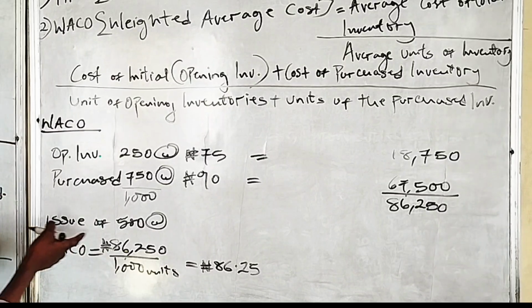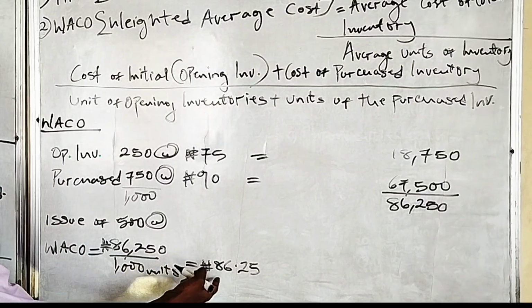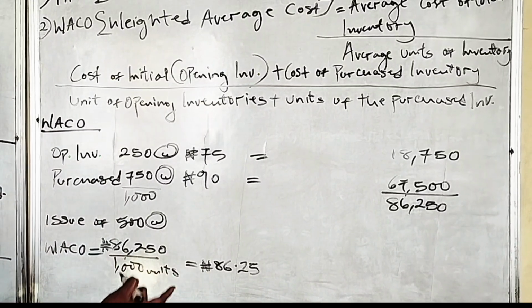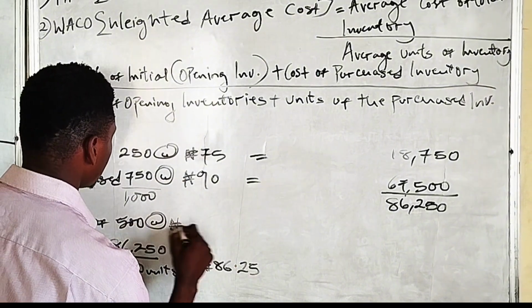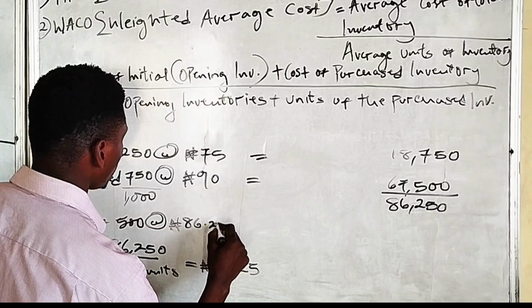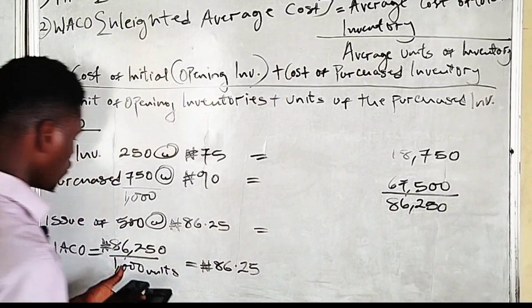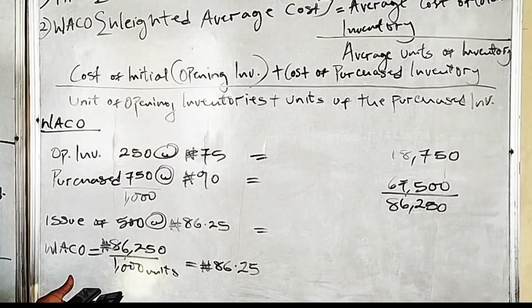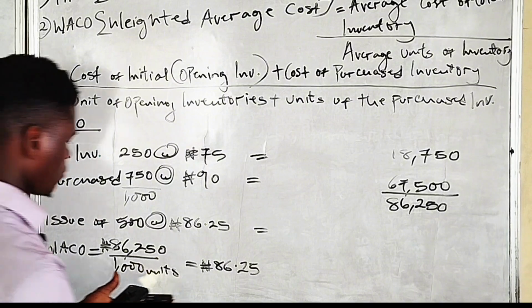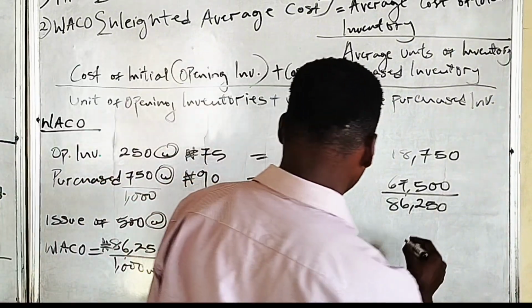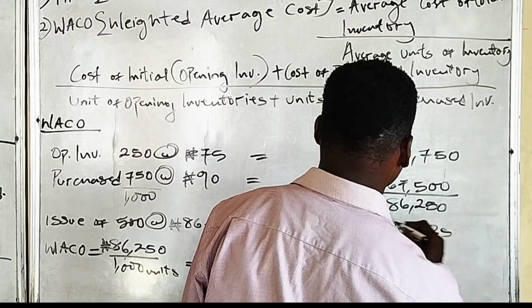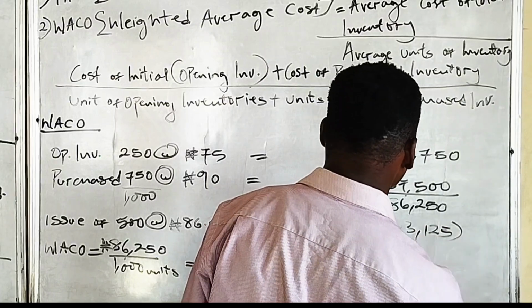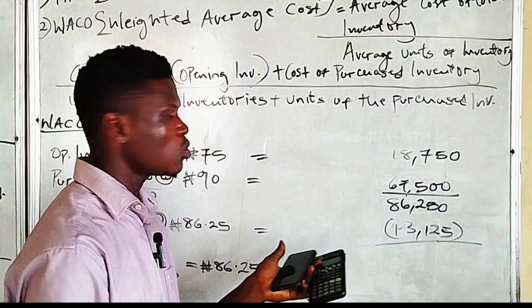So we'll issue out these 500 units at 86 naira 25 kobo. So we have 86.25 times 500 now, which is 43,125. So this is the total issue using the weighted average cost method.